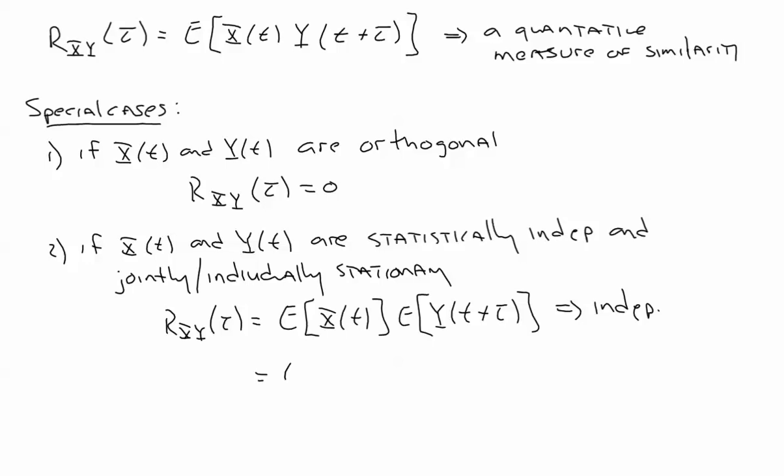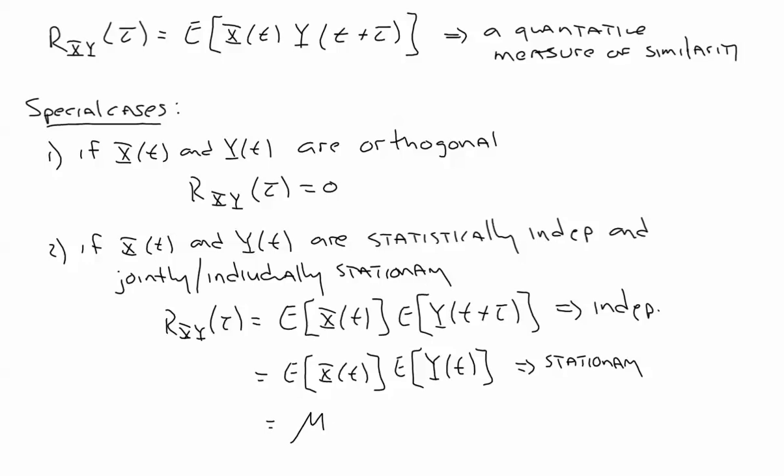So this means that I can drop the shift parameter tau, and then that's just the mean of x times the mean of y. Okay?